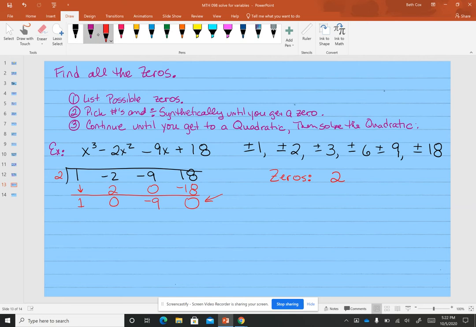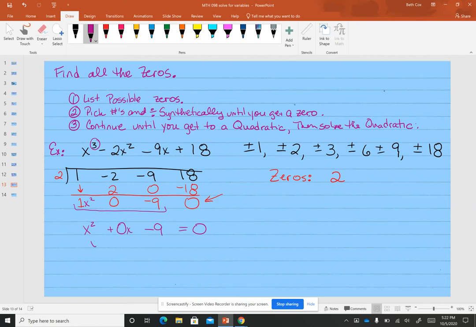Okay, so now, once you have a zero, then you have these 3 numbers here. And if you remember, this was an x to the third. And once I divide, this becomes an x to the second. So this is x to the second plus 0x minus 9. And I need it to equal 0. Well, I can solve this a couple of different ways.